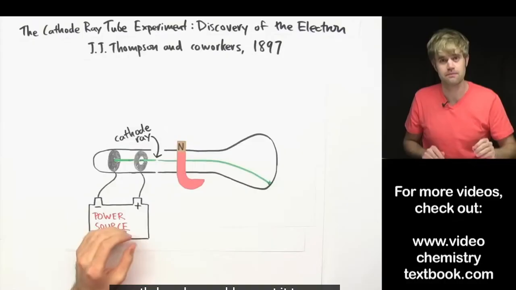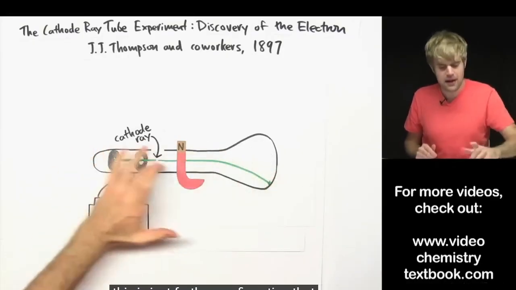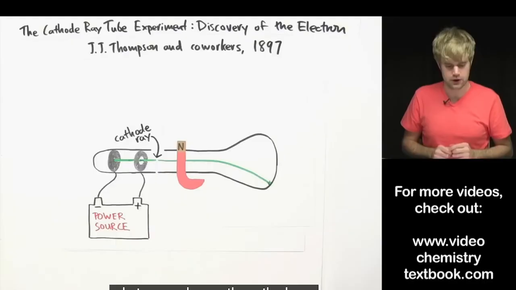Because they do that in physics 12. For now, you can just say, hey, this confirmed that this was negative. So this is just further confirmation that whatever makes up the cathode ray probably is negatively charged.